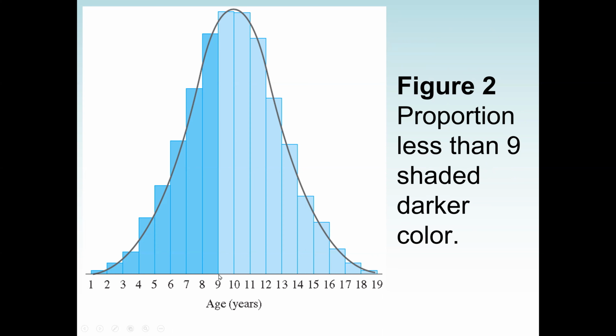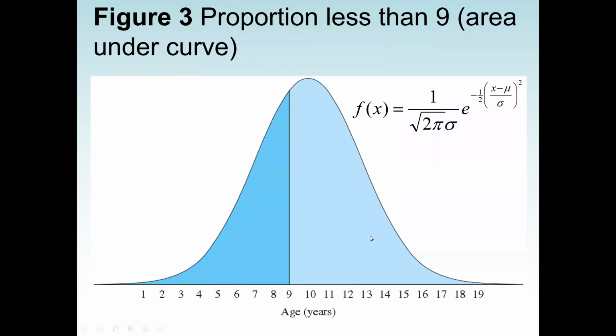Then the rest, which will be roughly 60% of the distribution, will be the ages greater than 9. Or in this case, we say from 9 to 19. So this is, again, our normal distribution. Age less than or equal to 9 is from 1 to 9. Greater than 9 will be from 9 to 19.